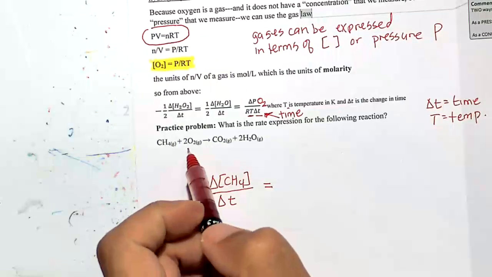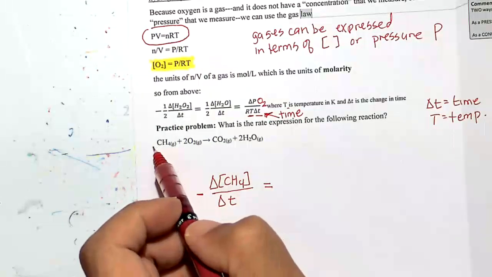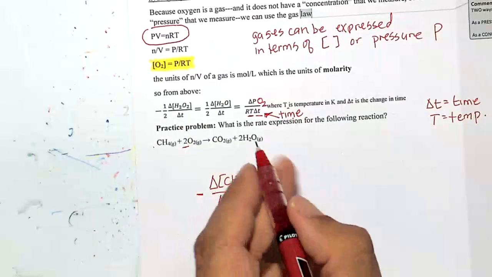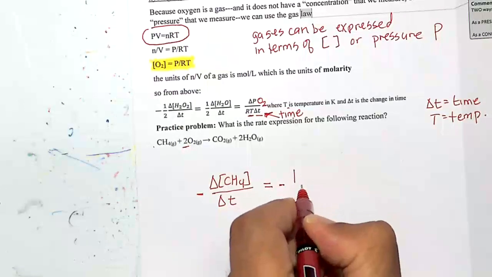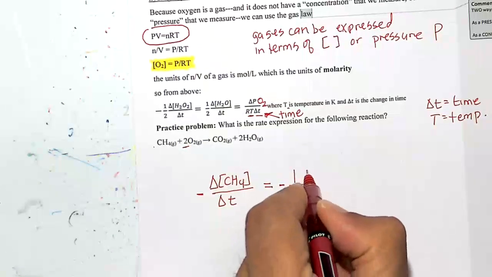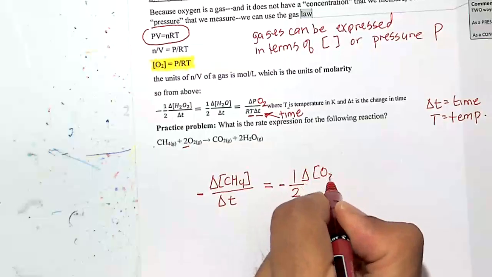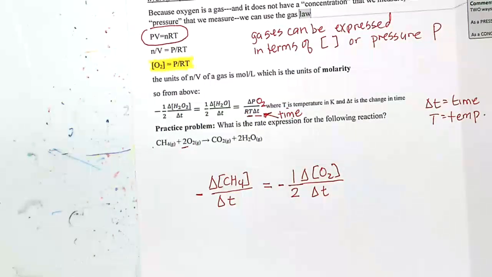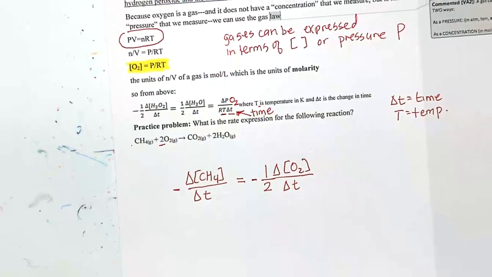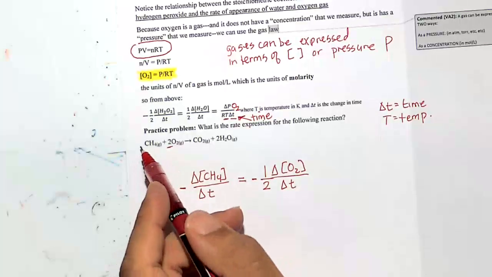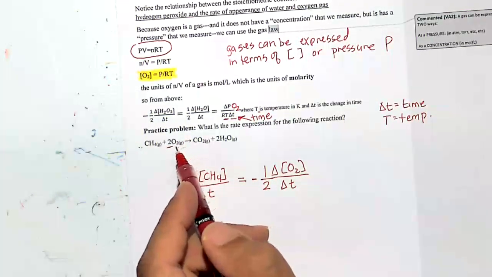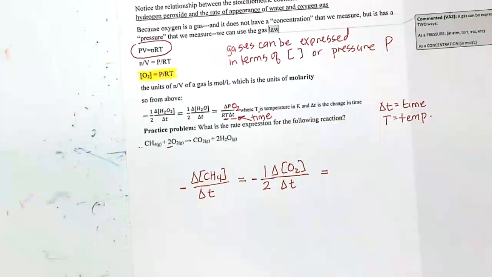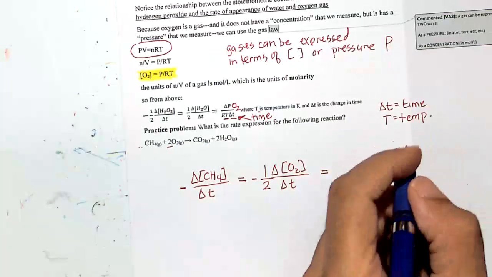That's going to equal, what's the proportion of this? 1 to 2. So this is going to be negative 1/2 the change in concentration of O2 over that same window of time. Because this is a 1 to 2 relationship, you take the reciprocal.